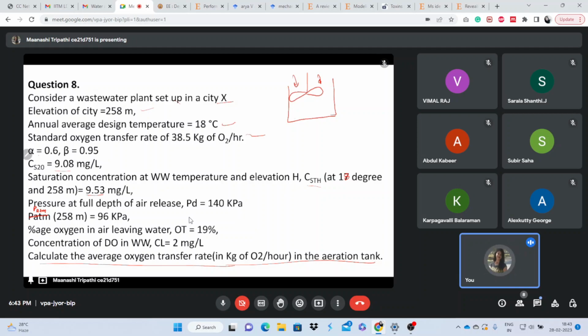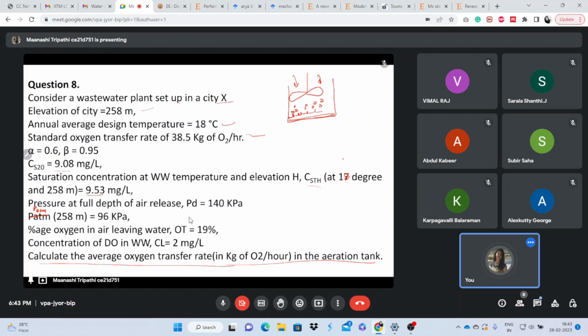So there will be a pipe system, with small holes in that pipe system, and oxygen will come from below. So this is what we call diffused aeration system. So these are the various ways by which we can provide oxygen.